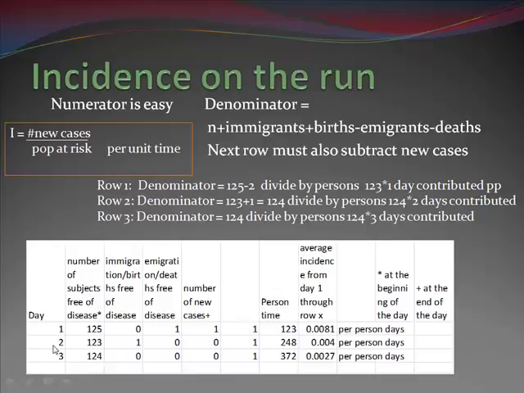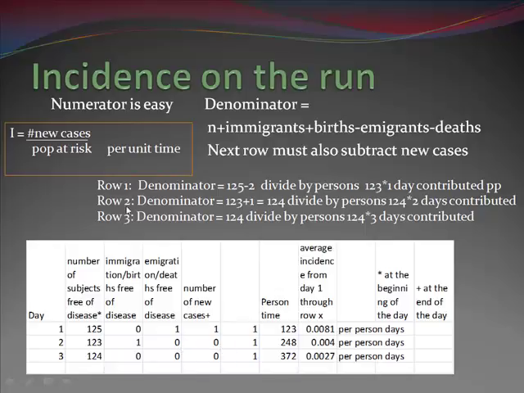Then we go to day 2. If we were going to calculate the incidence from days 1 and 2 combined, we're going to start with 123, because that's how many we have free of disease in the population at the start of day 2. We're going to have to adjust for 1 birth or immigration, and in this day there were no emigrations and no new cases.